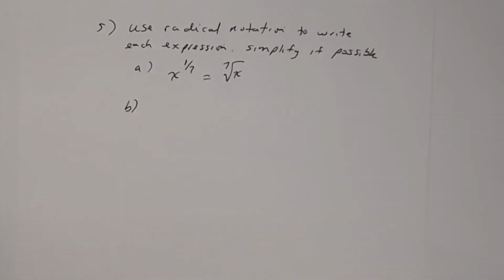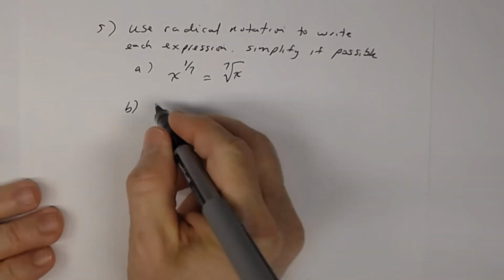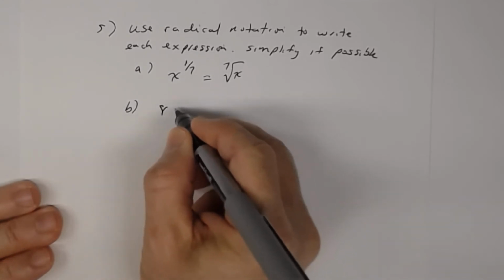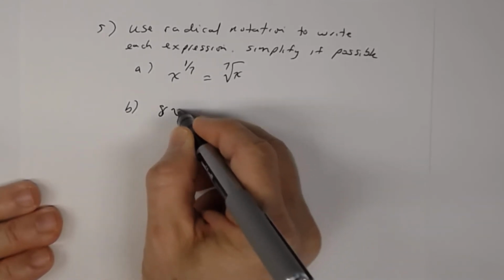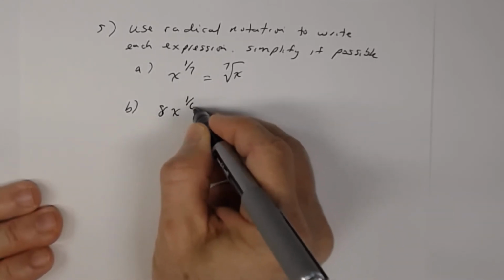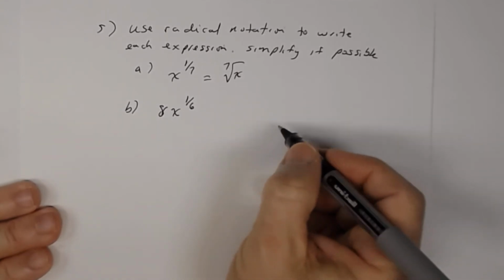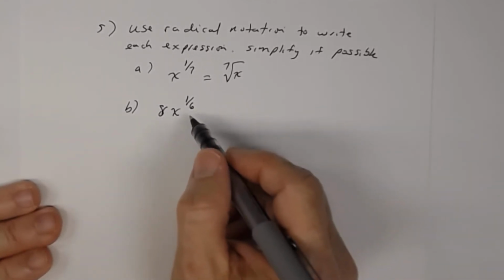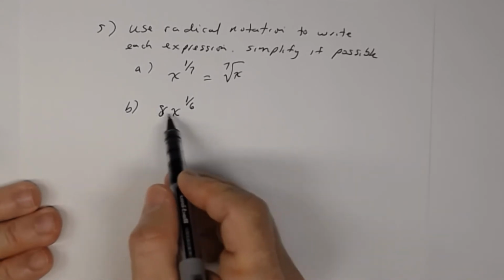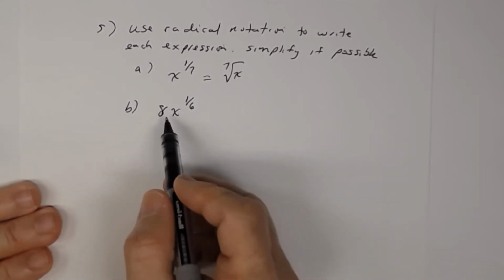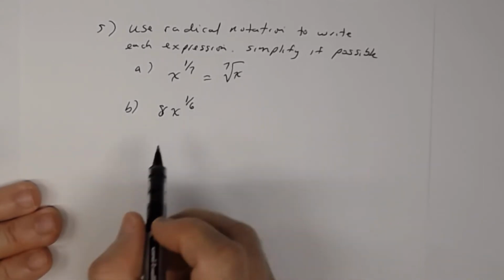Okay, so in letter B, let's say we have 8 times x to the 1/6. Now be careful here. I want you to remember what this means. This means 8 times, and then x is being raised to the 1/6.